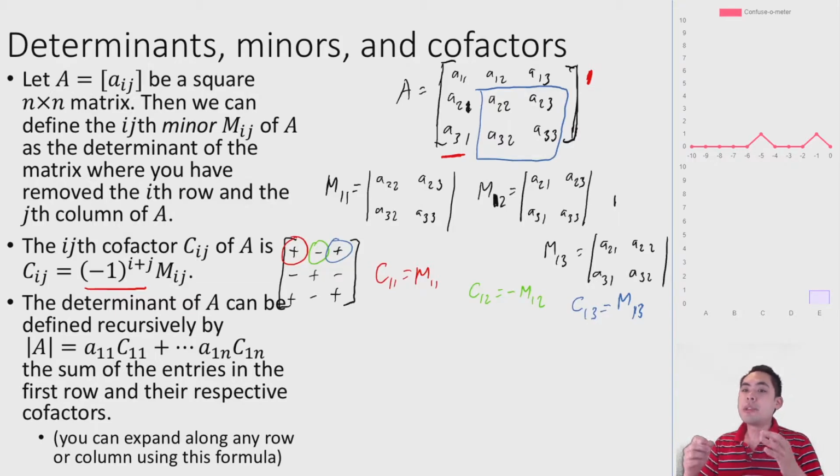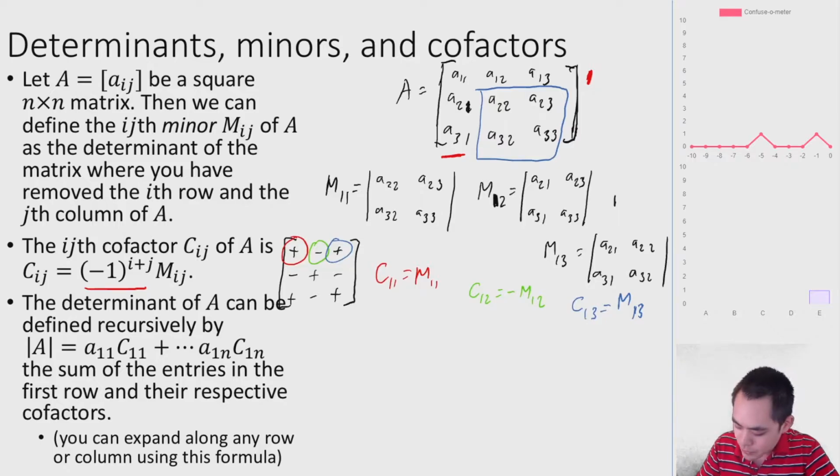But now you can determine the determinant recursively by saying that the determinant of the matrix A is equal to the entries along the first row, so A11, times the cofactors along the first row, C11.